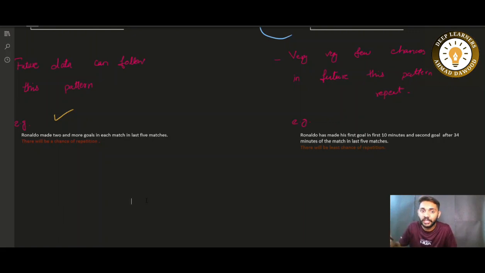This is a general pattern, and we are generalizing that there is a chance that Ronaldo can make two or more goals in future matches.